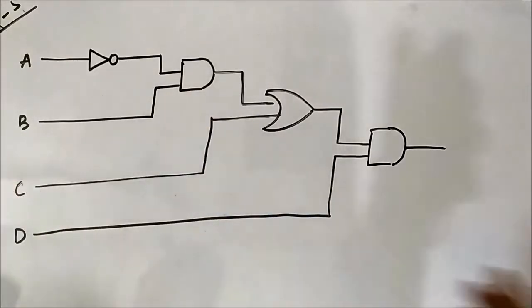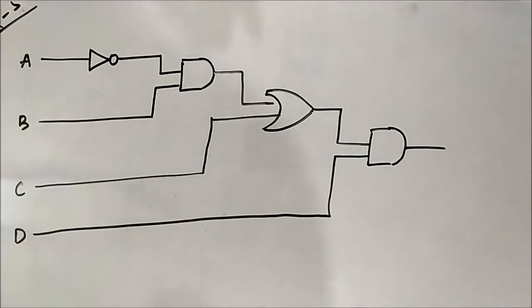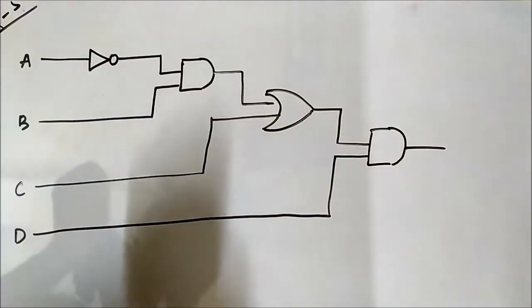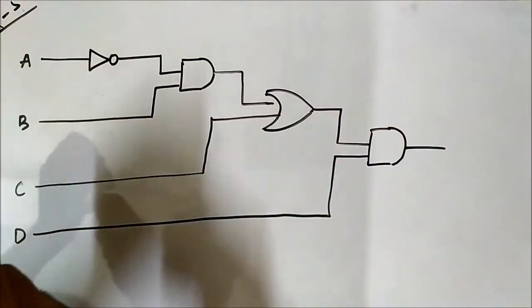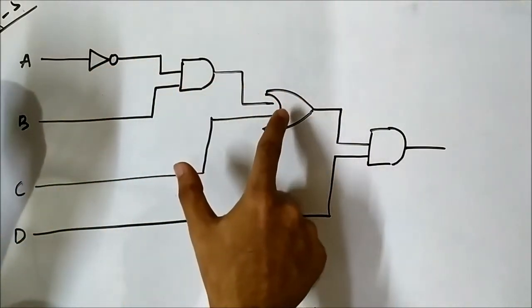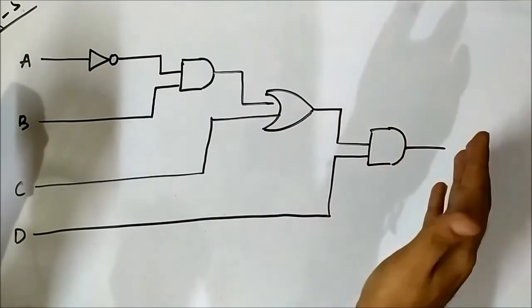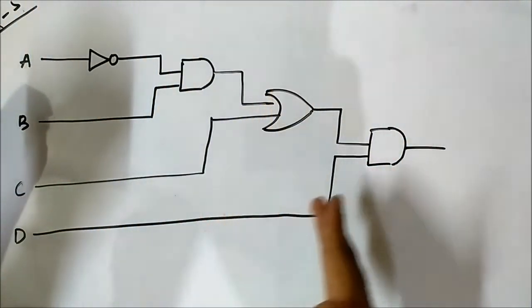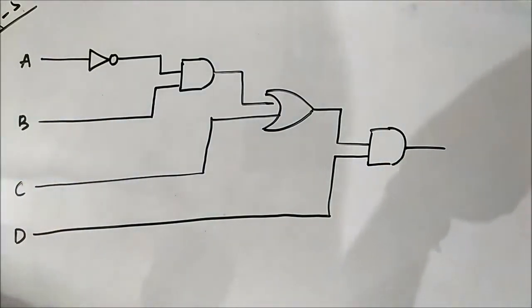So this is the fifth question that we'll discuss about the output of this given logic circuit. Again, it consists of a NOT gate or inverter, AND gate, OR gate, and again an AND gate at the final level. It consists of first, second, third, and this final fourth level.